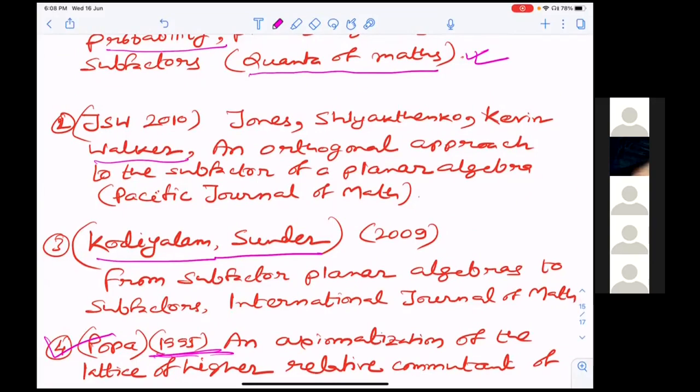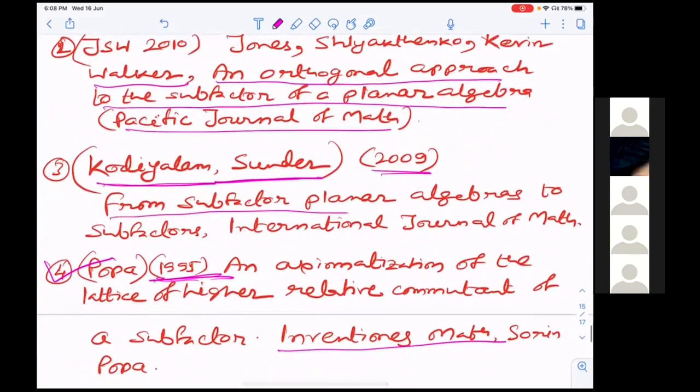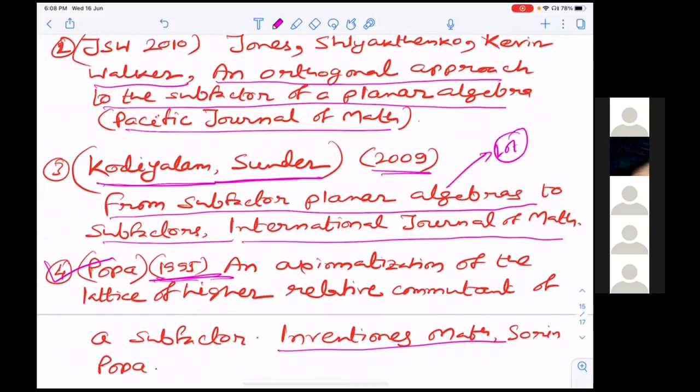By that, they obtained that subfactor. This paper is called An Orthogonal Approach to the Subfactor of a Planar Algebra, in the Pacific Journal of Mathematics. Independently, Kodiyalam and Sunder in 2009 wrote From Subfactor Planar Algebras to Subfactors, in the International Journal of Mathematics. Many details are there, and I recommend reading this paper, which is beautifully written.